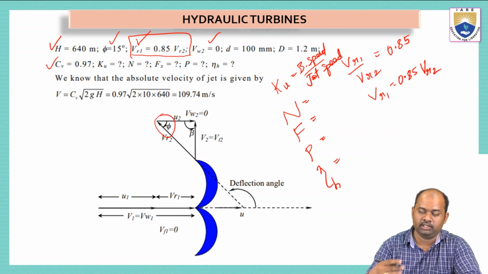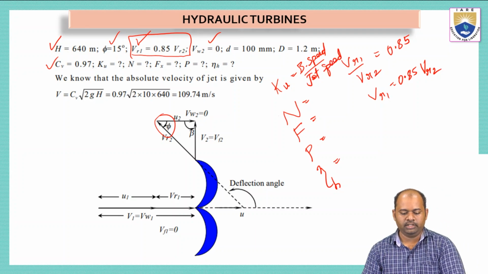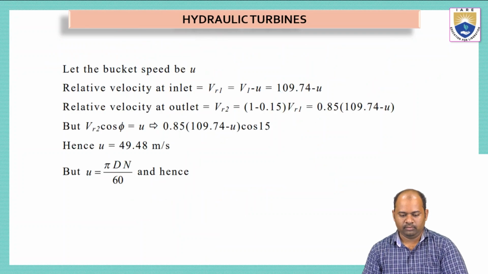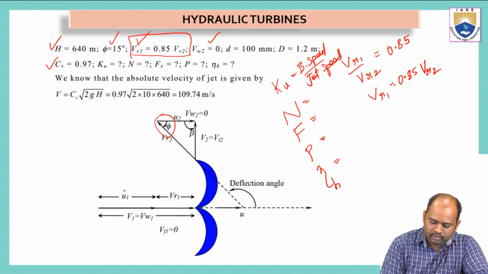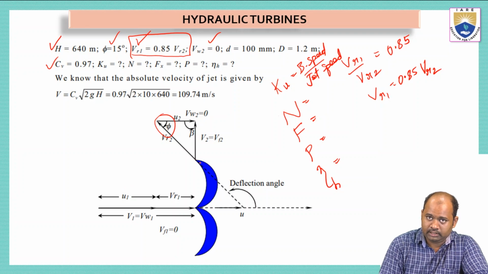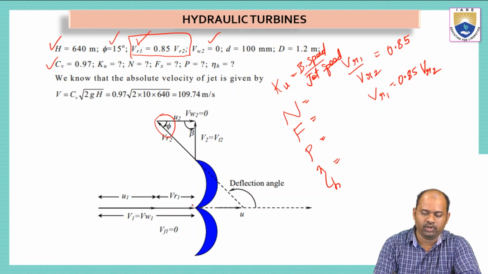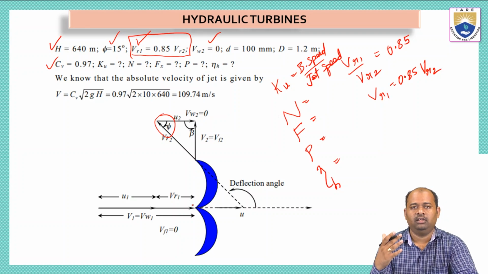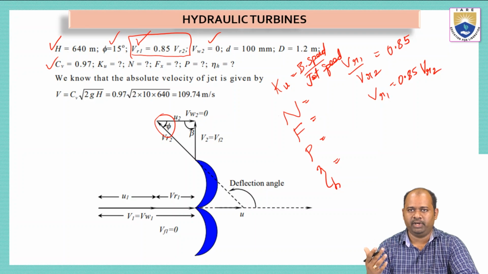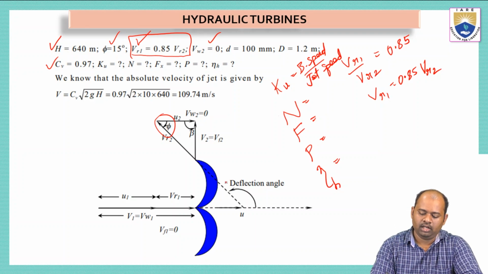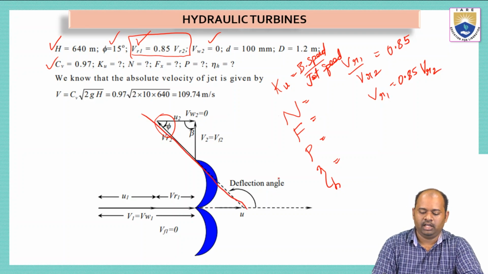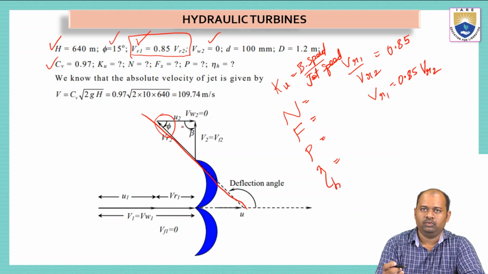Now let us try to understand the different terminology related to this problem. See here, this is the vane that is taken for calculation. This blue shape is nothing but the cross section of the Pelton wheel turbine vane. Now here we have a deflection angle. This angle with respect to horizontal is taken as the deflection angle, and with this we have to draw an imaginary triangle.